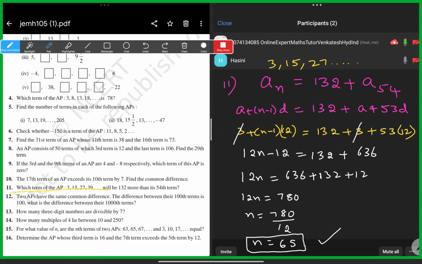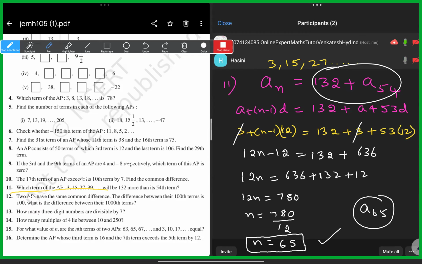They asked which term of the AP is 132 more than the 54th term. As per the equation, we got n as 65, which means the 65th term is the answer.